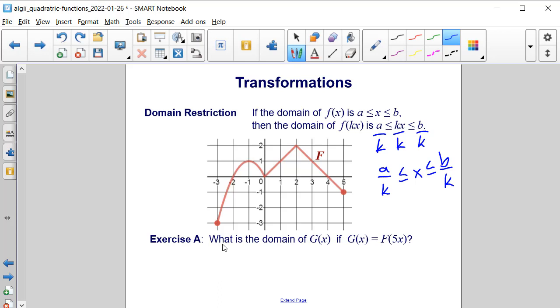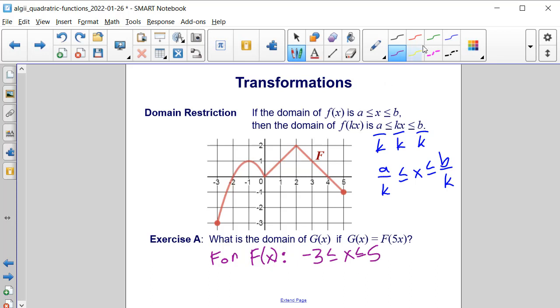So what would the domain of capital G of x be if capital G of x is equal to capital F of 5x? Well, we know in this example, the original domain for f of x falls between -3 and +5.